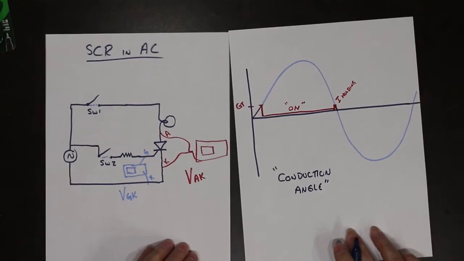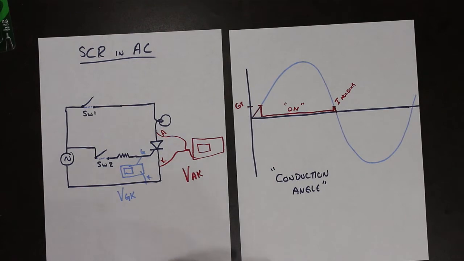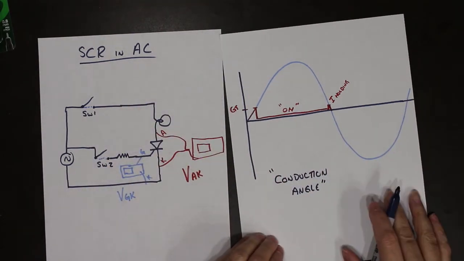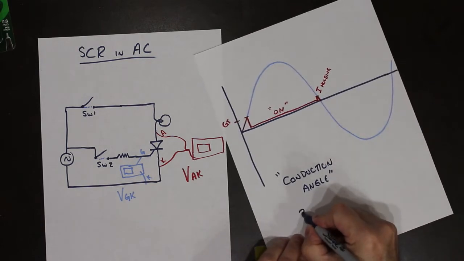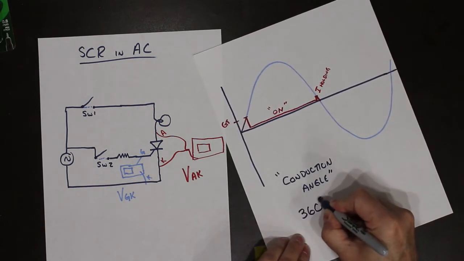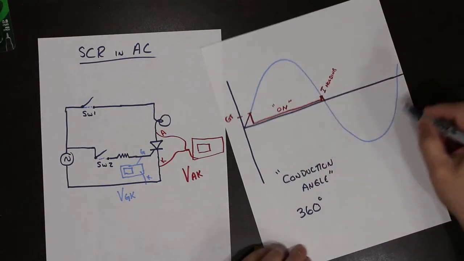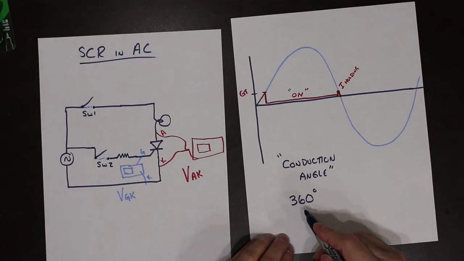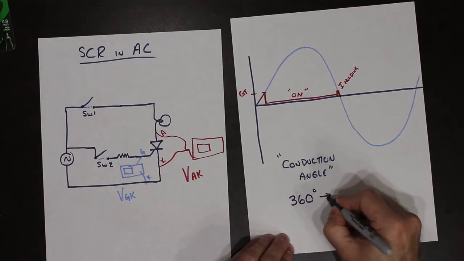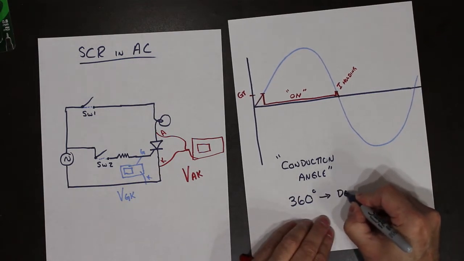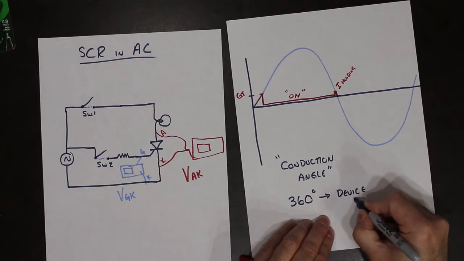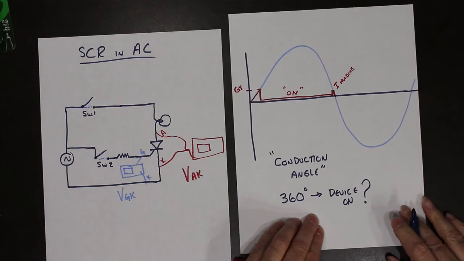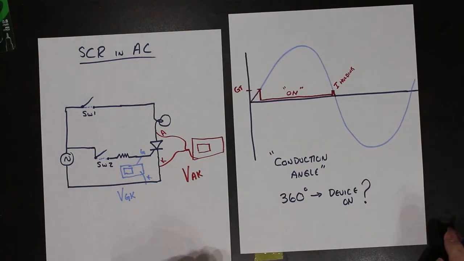So the conduction angle is defined as the amount of degrees out of our 360 degrees. We have 360 degrees in one waveform. So out of that 360 degrees, how long is the device on? That's our conduction angle.